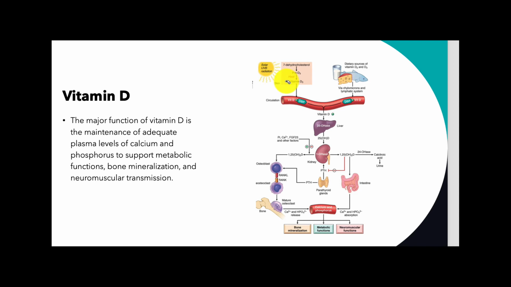When you live in Siberia and there's no sun for like 7 months, the children in schools have to be exposed to UV light. So they bring these UV lights into the classroom, and they make the kids sit there so that these pre-vitamin D precursors can get converted into a usable form of vitamin D, right?